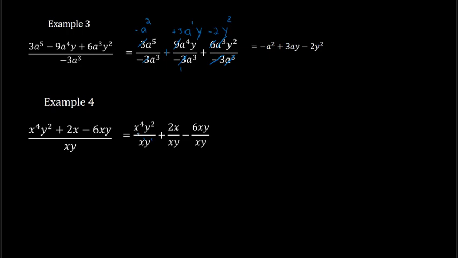So for the x's, I subtract the exponents because I'm dividing. So I subtract 4 minus 1 to get 3. And that goes on the top because x to the 4th is bigger. And then with the y's, we have 2 and 1, so we subtract 2 minus 1 to get 1. That goes in the top because the 2 is bigger and it's in the top.